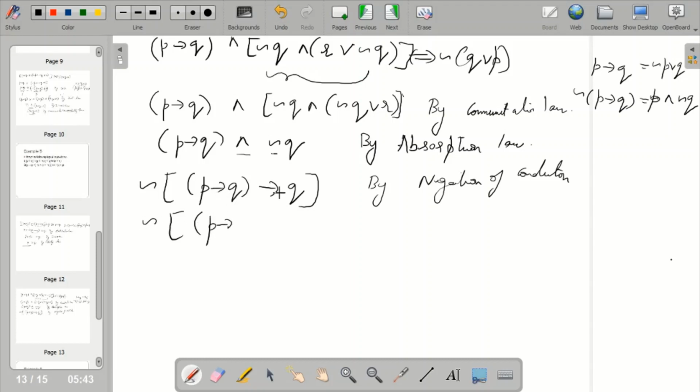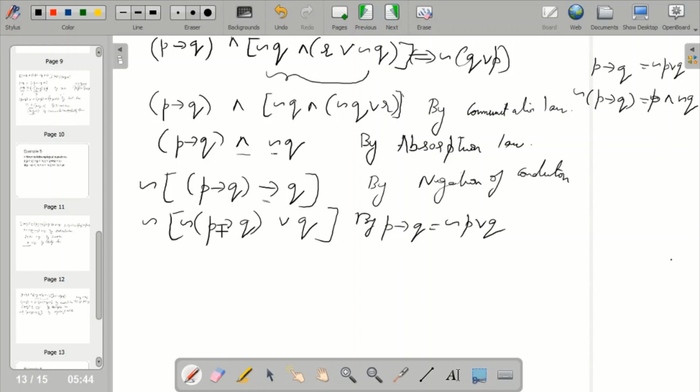Now inside, this conditional we'll try to solve. So it is p conditional q, which is negation of p or q. By which law? By p conditional q is equal to negation of p or q. So you got this term.